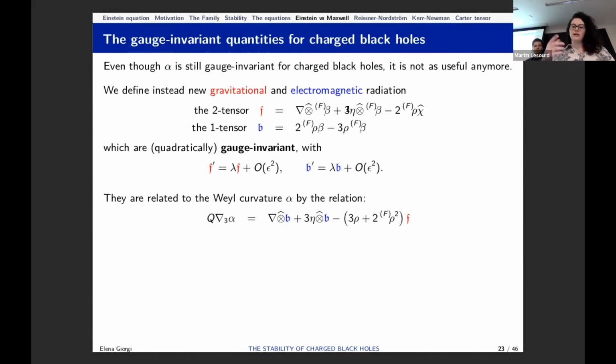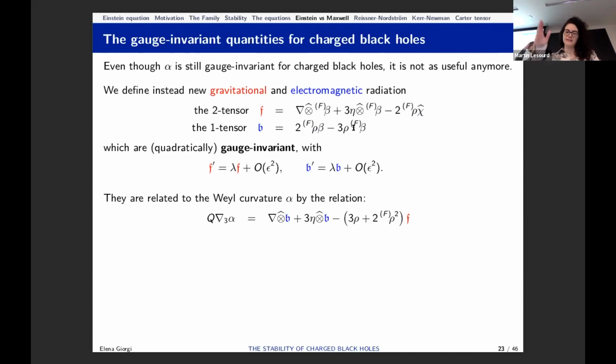So eta goes like A over R squared. And then this quantity here again looks quadratic, but it's not, because chi hat is 0 in the background, but rho F is not. Rho F is Q over R squared in Reissner-Nordström. So this is still a linear term. And the same thing happens here because rho and rho F are non-zero in the background.